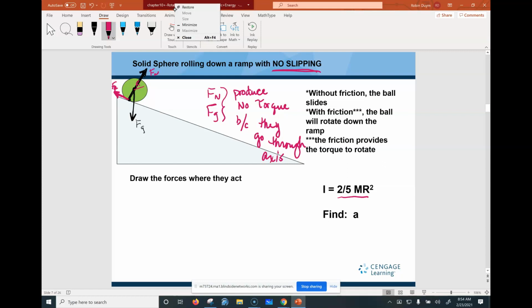The force of friction helps it to roll. So knowing that, you got to figure out your frictional force, right?